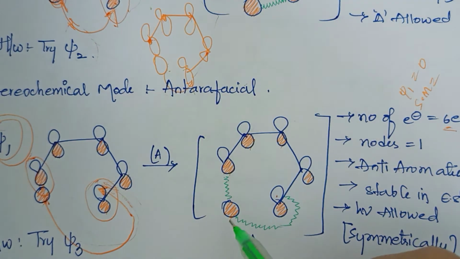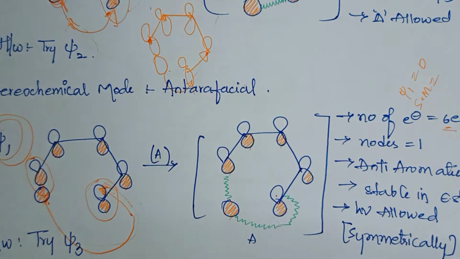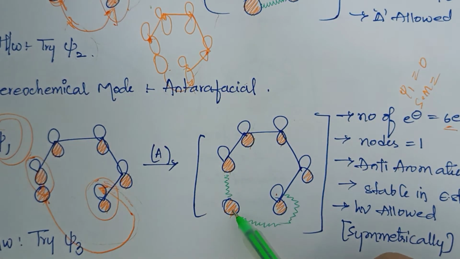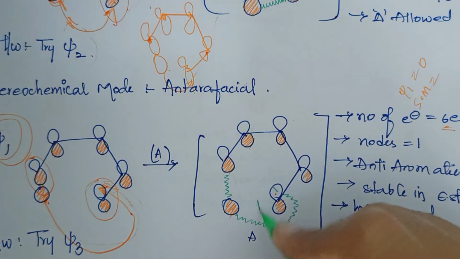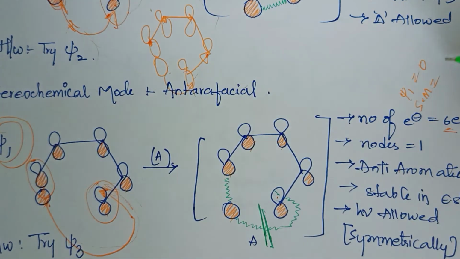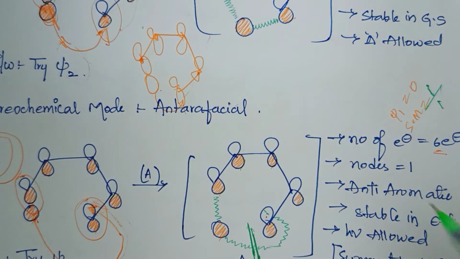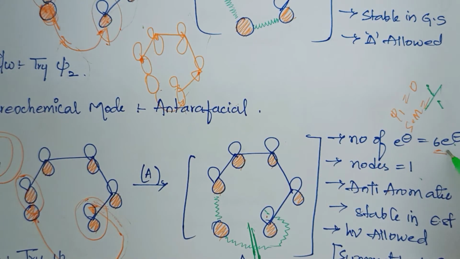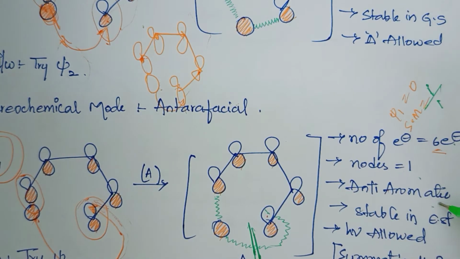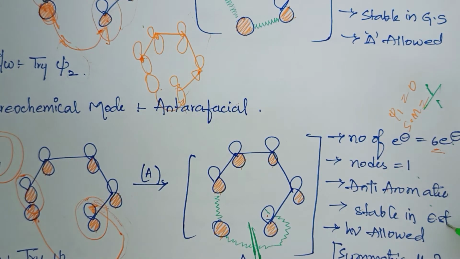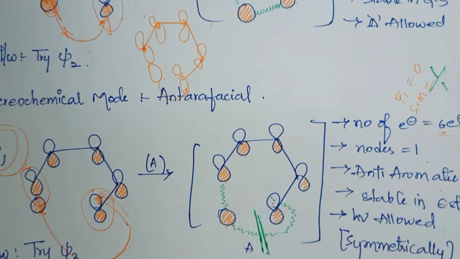See, shaded is overlapped with shaded only, node is not formed. Here shaded is overlapping with unshaded, so one node will be formed. Total number of nodes is 1. Now, 6 electrons, that is a 4n plus 2 pi system with an odd number of nodes, is anti-aromatic. As it is anti-aromatic, it will be stable in the excited state and it is photochemically allowed.